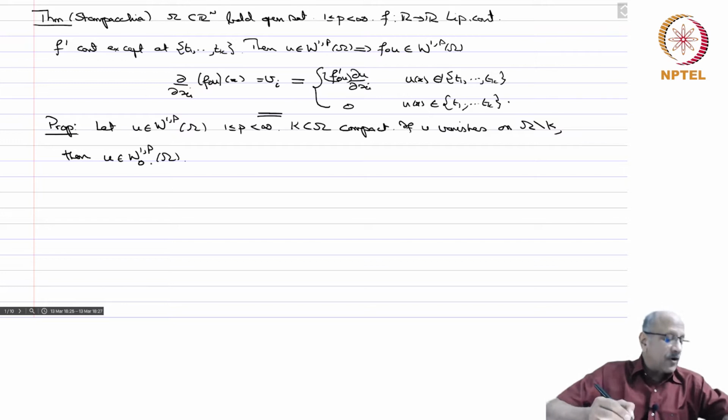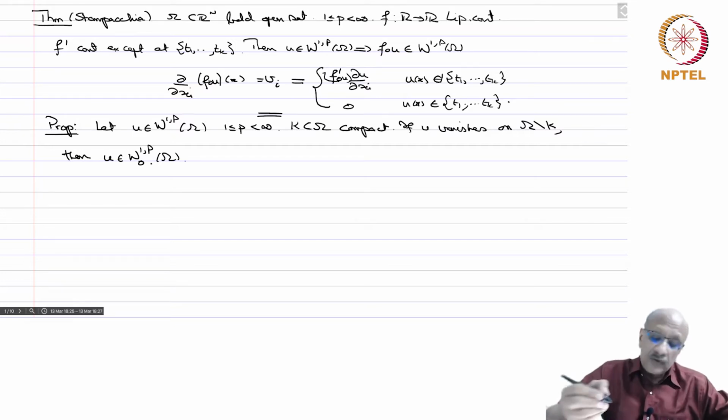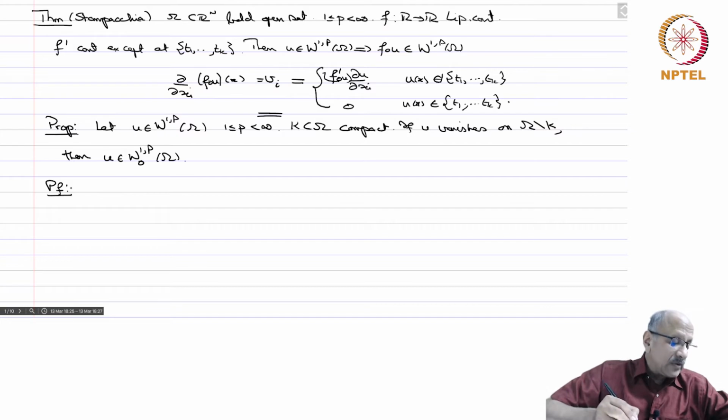So, if you have a function which vanishes outside a compact set, then that function can be approximated in the W^{1,p} norm by means of D(Omega) functions. So, that is what we have to show. You have to show there is a sequence of functions in D(Omega) which converge to it.